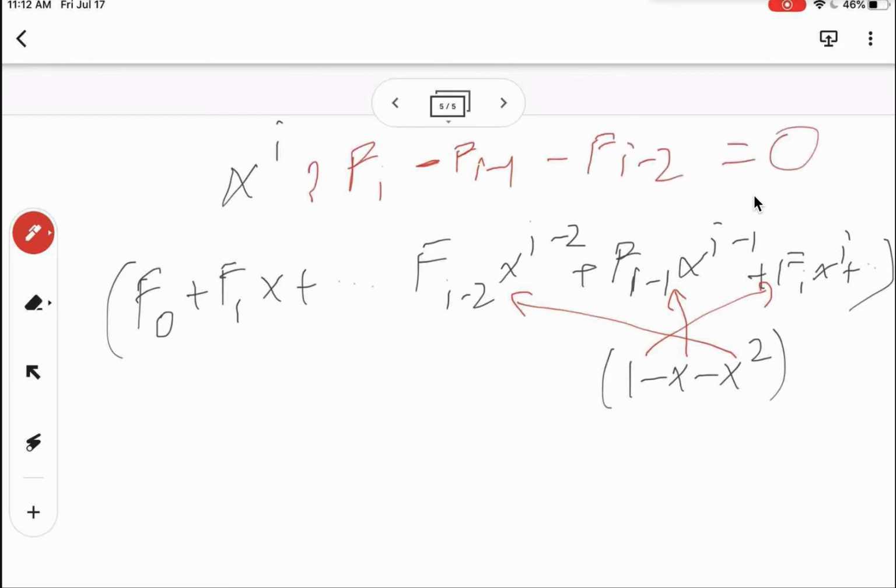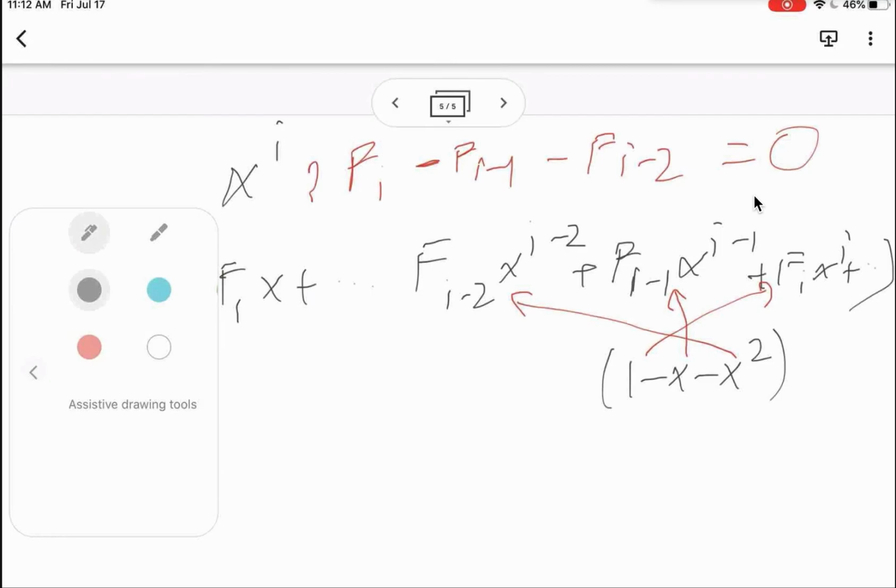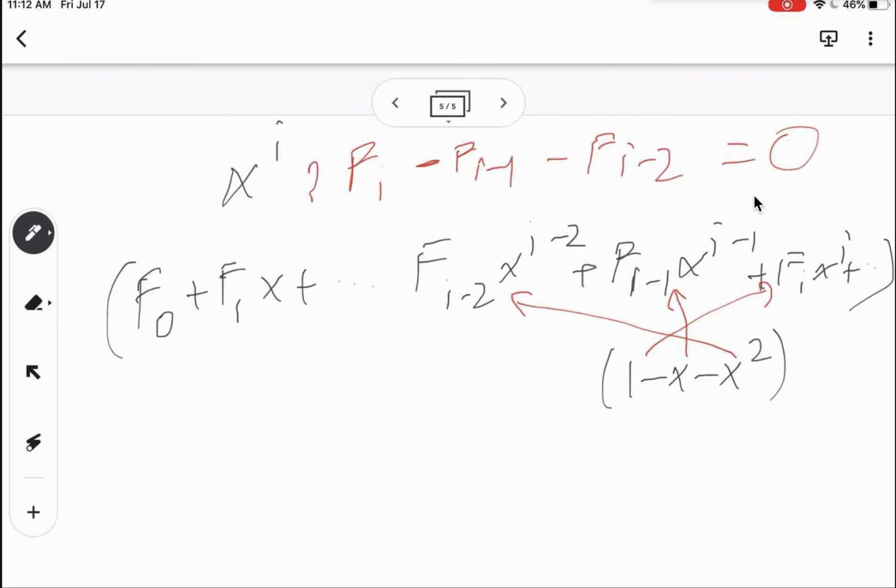And now every single term evaluates to 0 except the x to the 0 term, which equals 1.